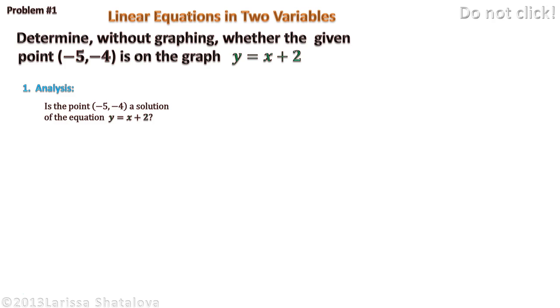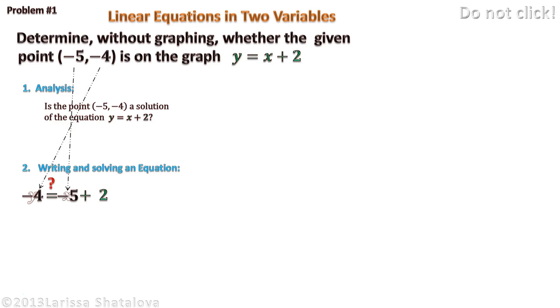So now let's copy our equation and check if we substitute x for -5 and y for -4, is the left side equal to the right side or not. If the left side equals the right side, then yes, this is a solution and then the point is on the graph.